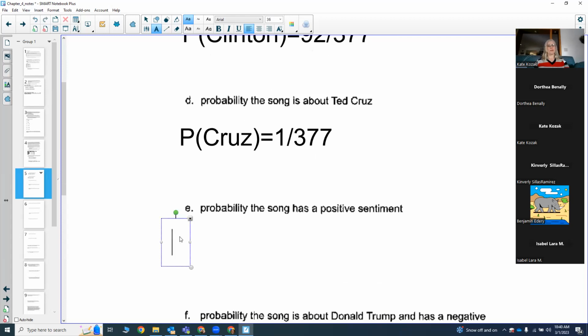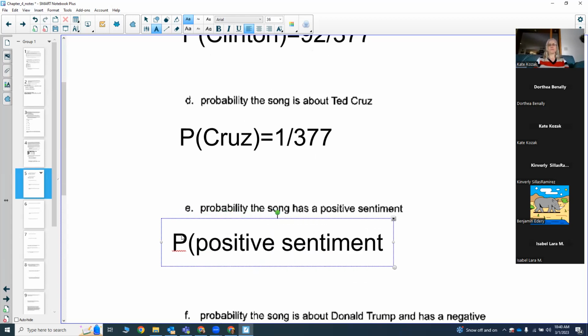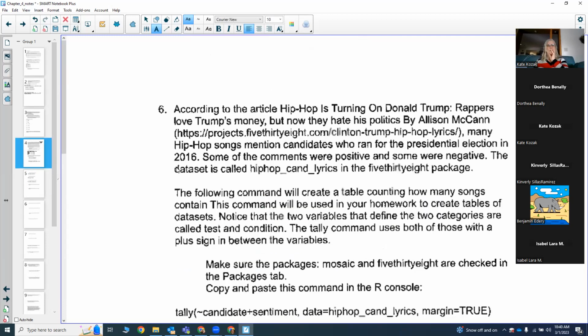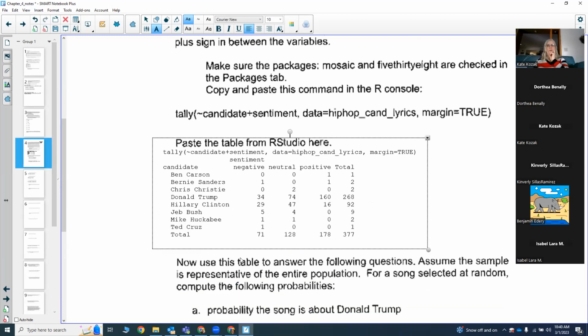We're going to do actually lots more, but let's do another one here. Let's do the probability that it actually has a positive sentiment. So what's the probability it has a positive sentiment? 178 out of 377. Yeah.